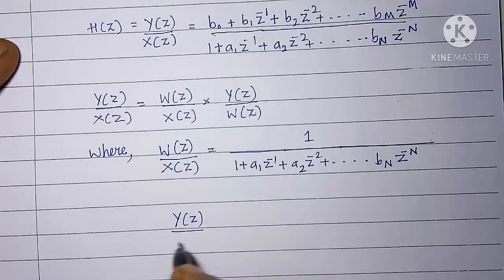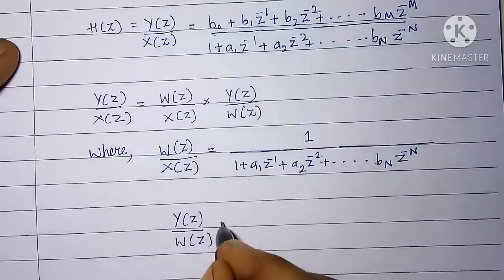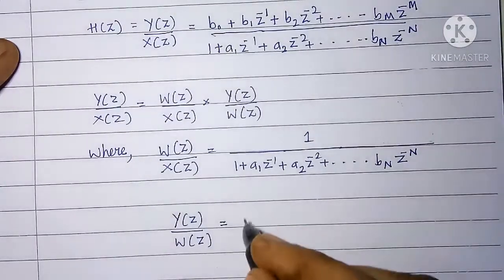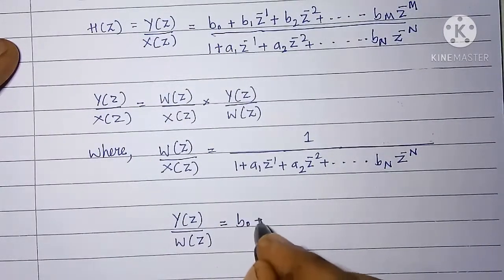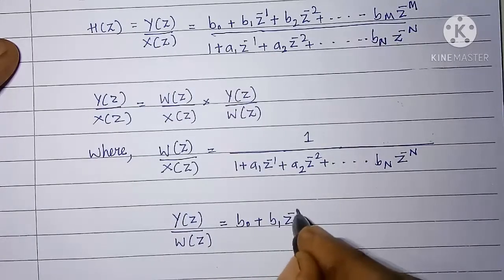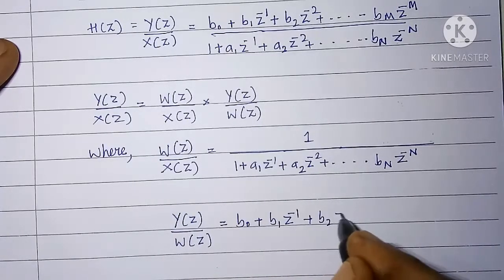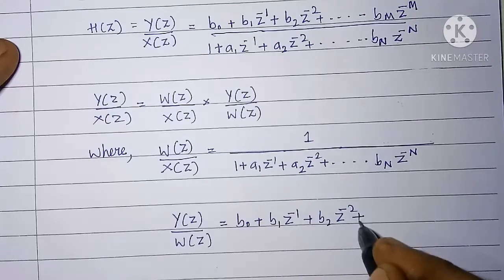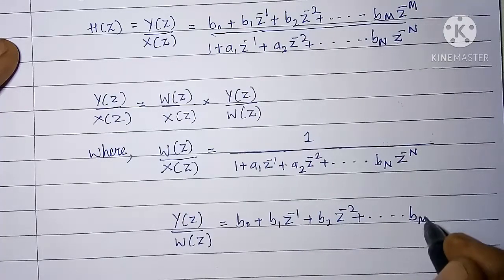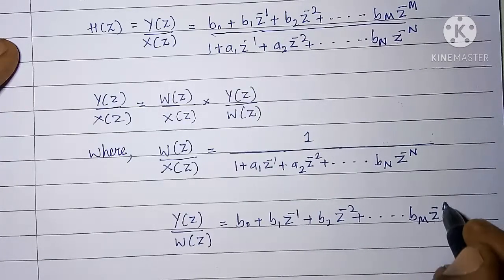Y of z upon W of z will take as numerator, that is b naught plus b1 z raised to minus 1 plus b2 z raised to minus 2 plus and so on up to bm z raised to minus m.